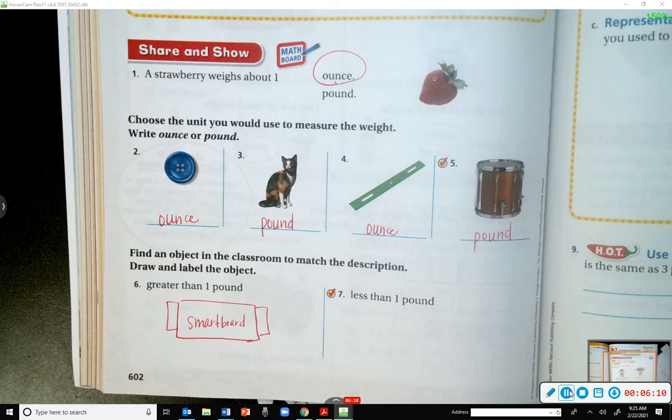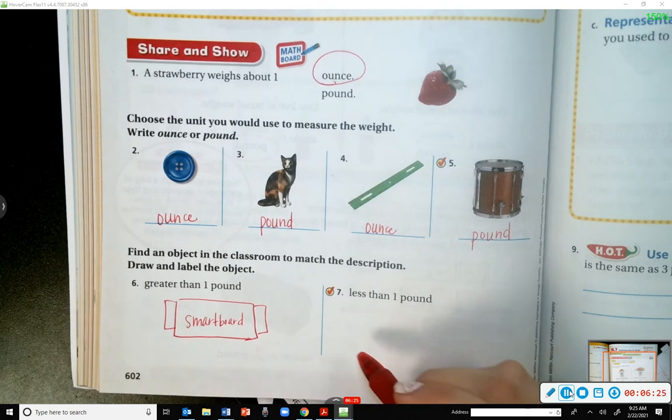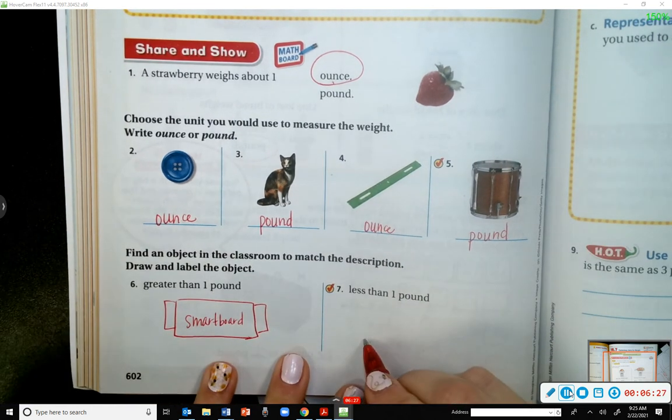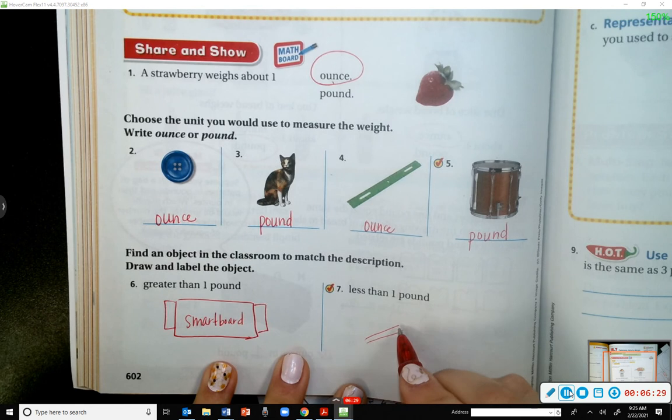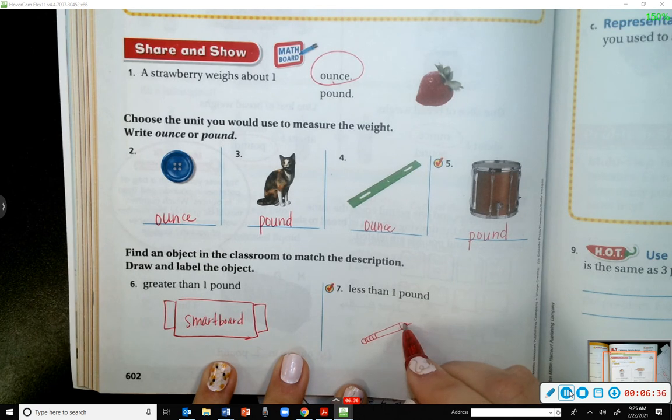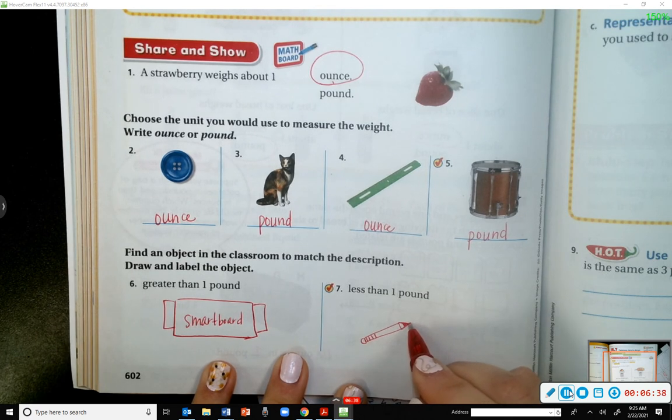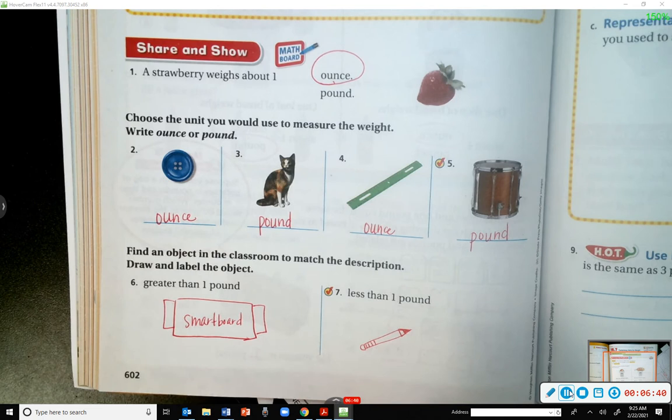Less than 1 pound. Bryson? The plexiglass? An apple? That would probably be a pound or more, because apples are pretty heavy. Kaylee? A pencil. Good.